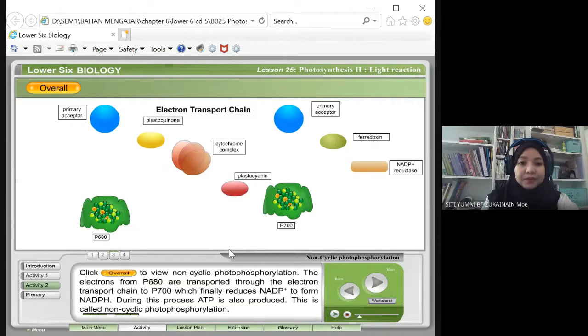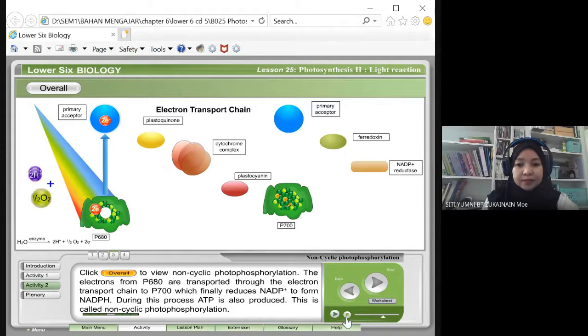Okay, so now let's see the overall picture of non-cyclic photophosphorylation.